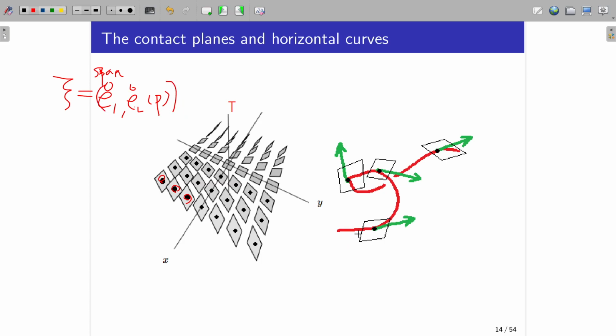And here, this is a curve. We call it a horizontal curve. It means that for any curve in R3, if the tangent vector at each point is contained in the contact plane, such a curve is very special because the tangent is always contained in the contact plane of the space in H1.